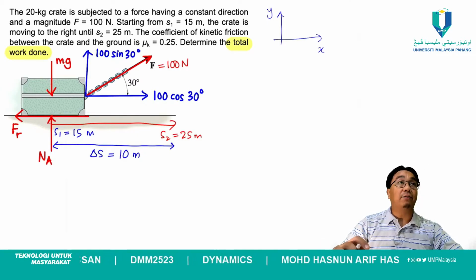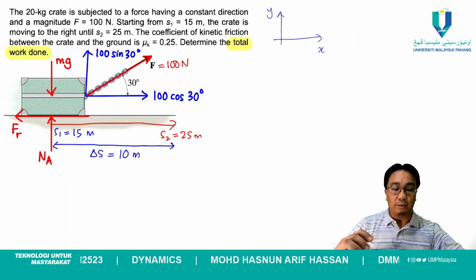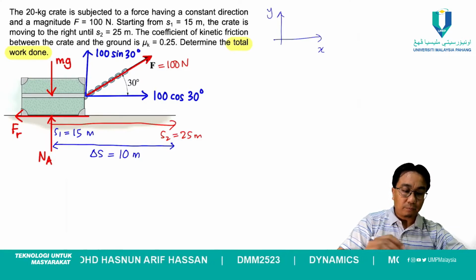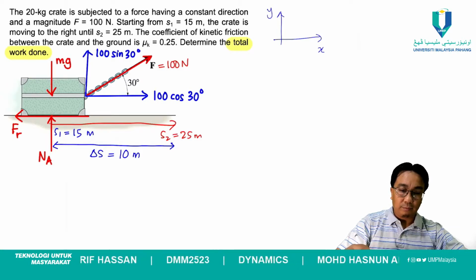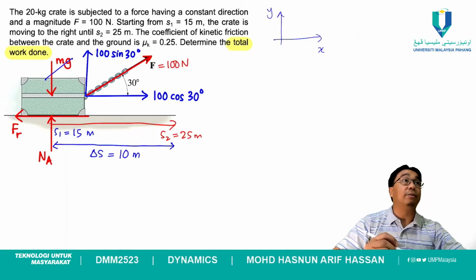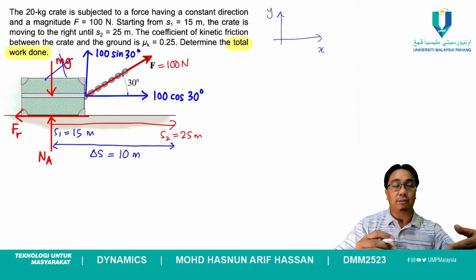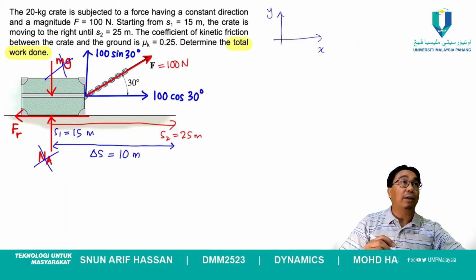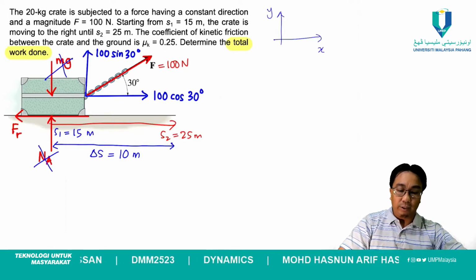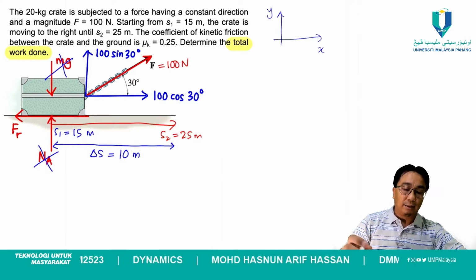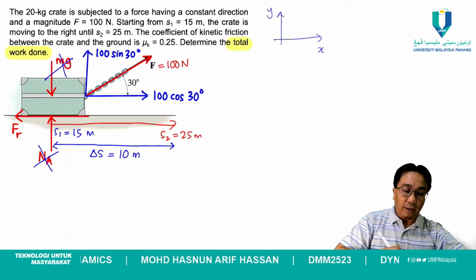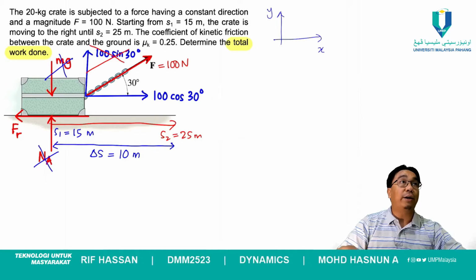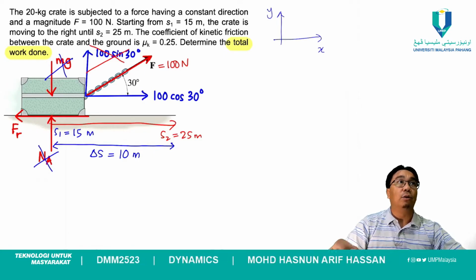First we need to identify which one is doing work, which one is not doing work. MG, is it doing work or not? MG is not doing work, because the crate is not moving up and down. So the same goes for N. N is not doing work as well because the motion is only in the x-axis. So therefore, this 100 sine 30, the y component of force F, is also not doing work.